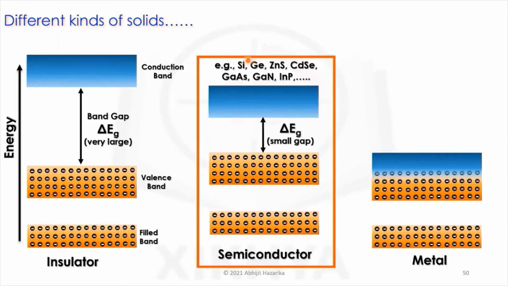These are some examples of typical semiconductors like silicon, germanium, cadmium selenide, indium phosphide, and so on. Not only in terms of fluorescence, these semiconductors are very important in our daily life. If you look at computers, television, mobile phones, in all these applications, you have to have semiconductors.